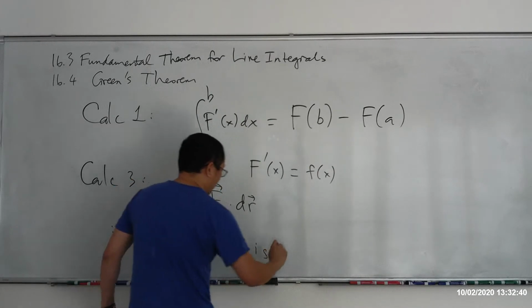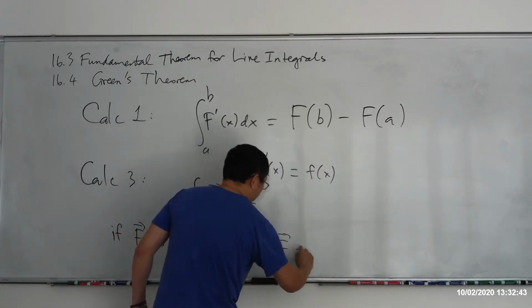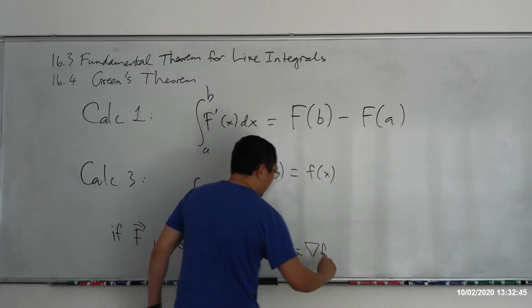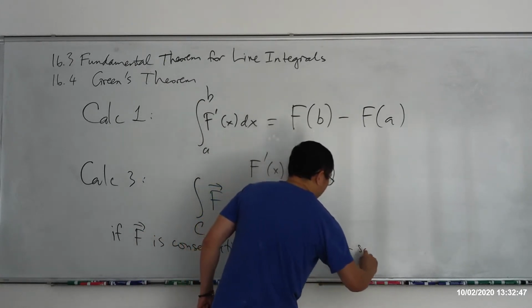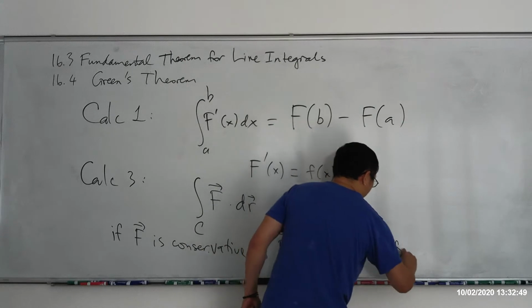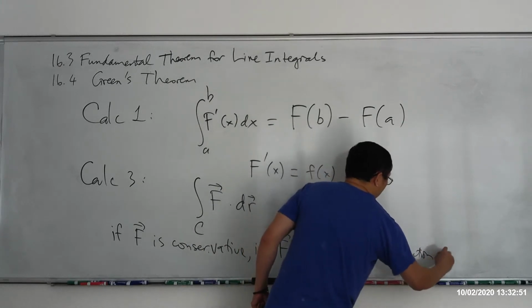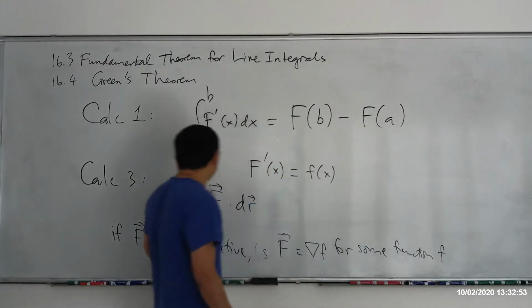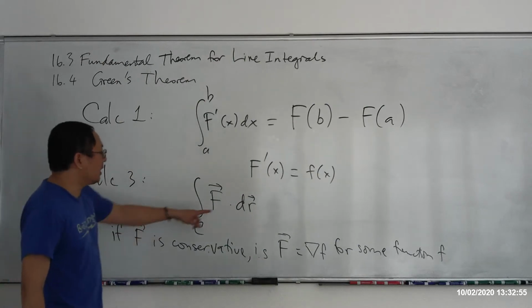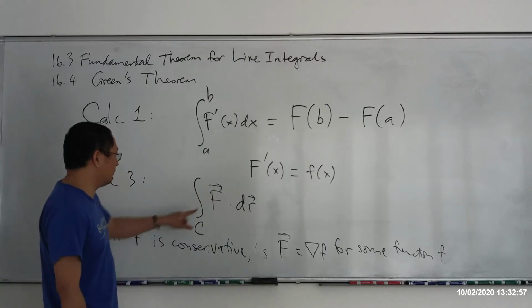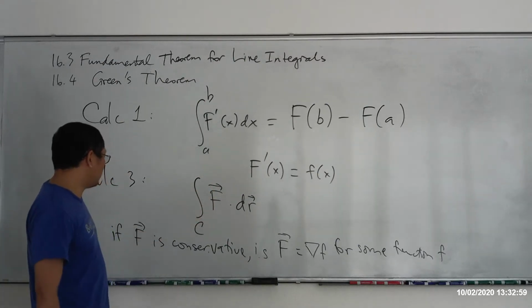That is, the vector F is equal to the gradient of some function f. We just talked about that in the previous two sections, right? So it only works if the vector field F is conservative.